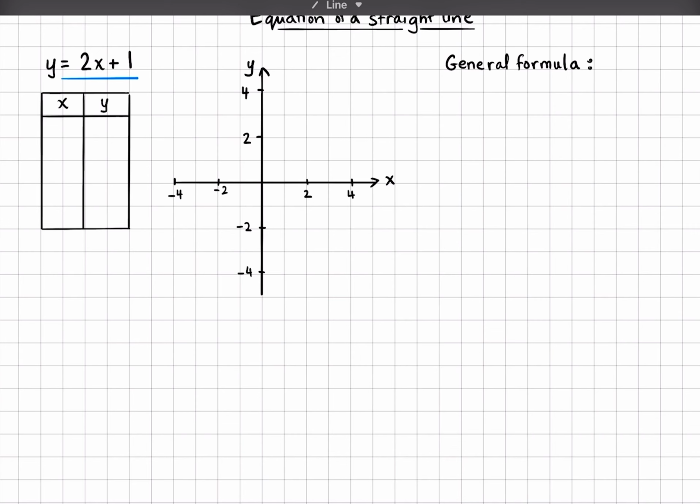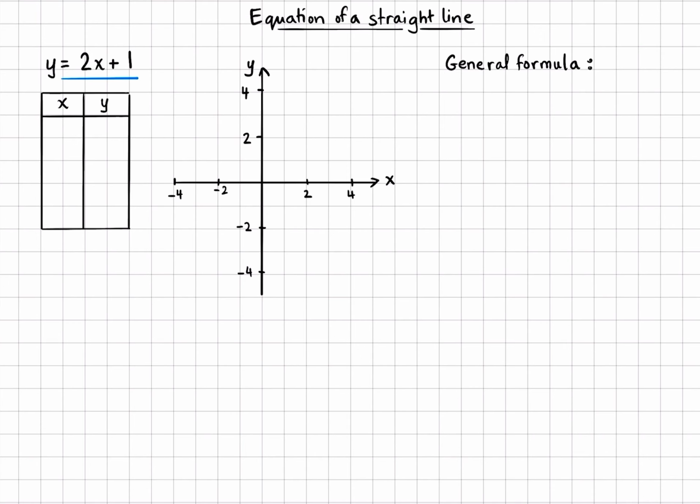Then I'm going to plot these points on my Cartesian plane that I already sketched here. And then we're going to get the gradient from the line and look at how the equation actually works. All right? Okay, so step by step.